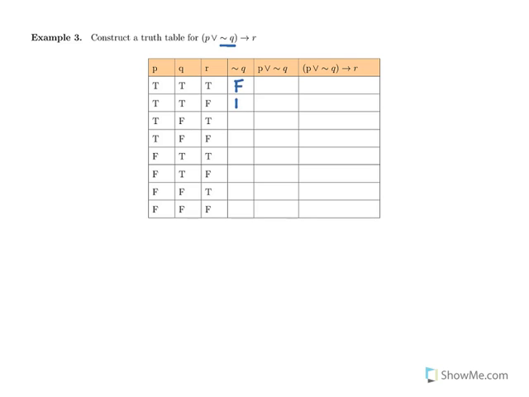We take the opposite values of our Q column: false, false, true, true, false, false, true, true.